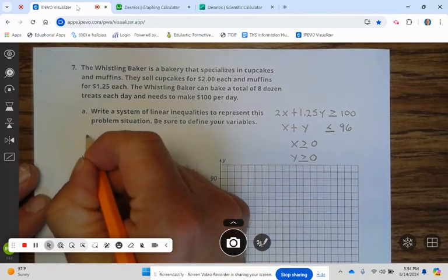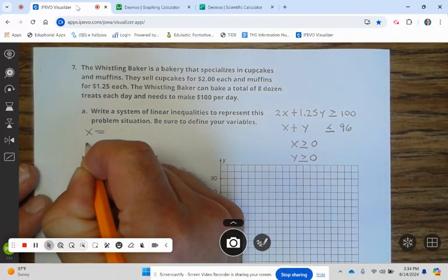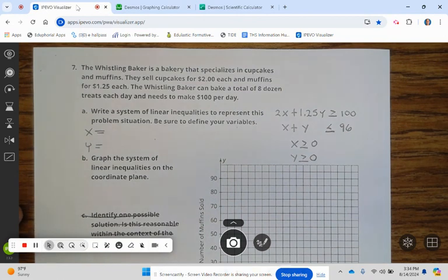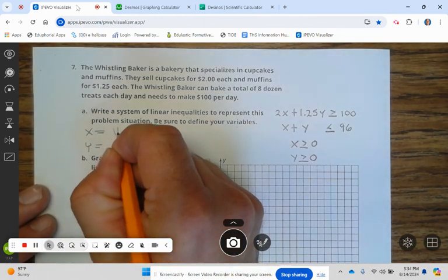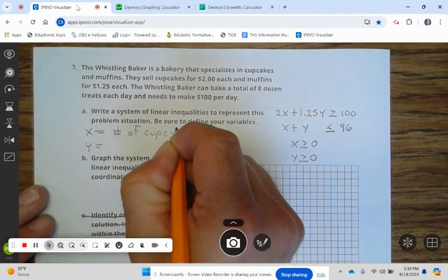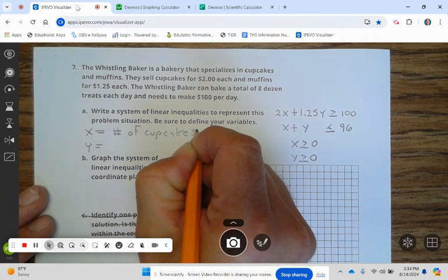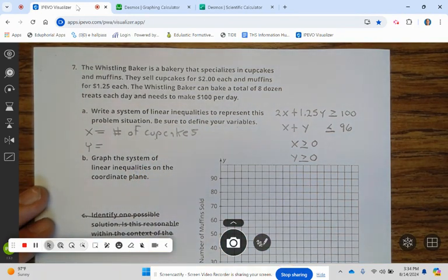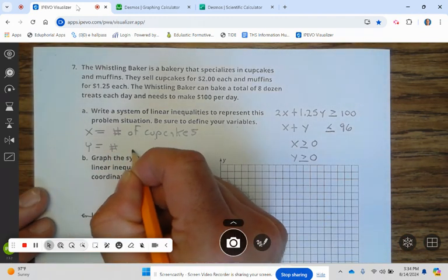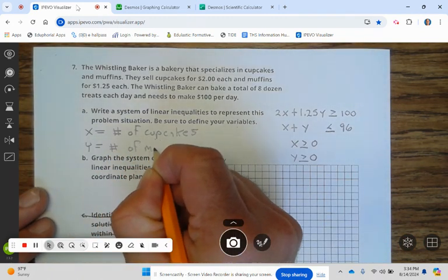Okay, so let's go and define x and y. x is the number of cupcakes and y is the number of muffins.